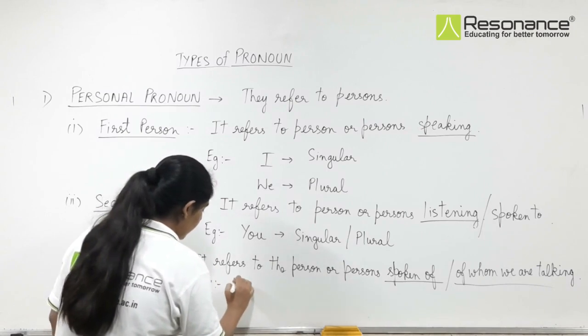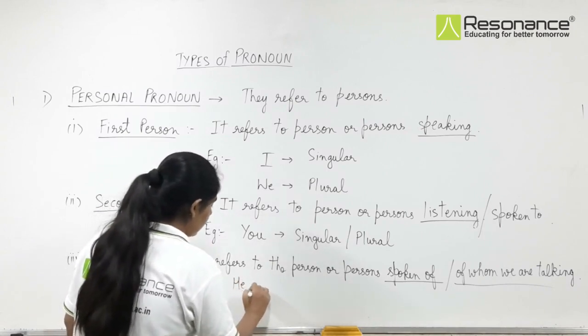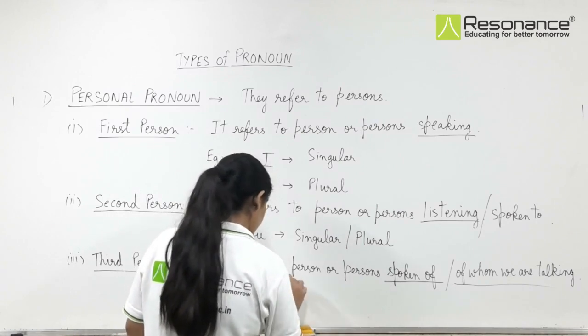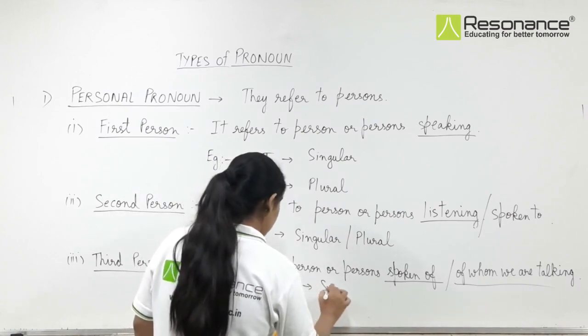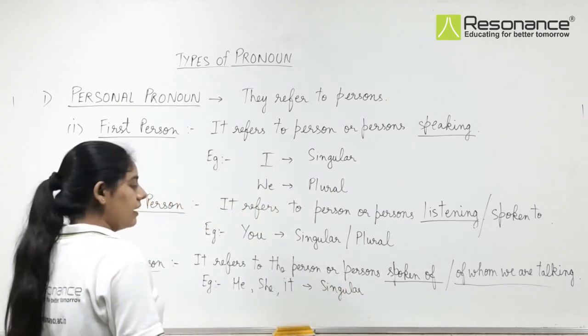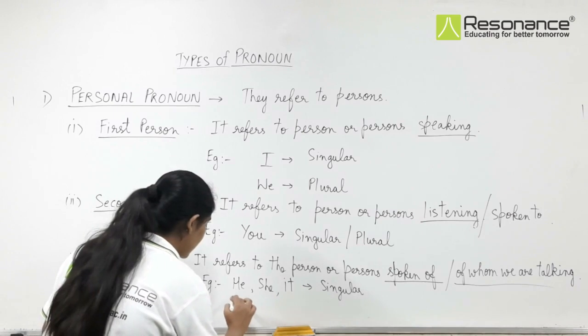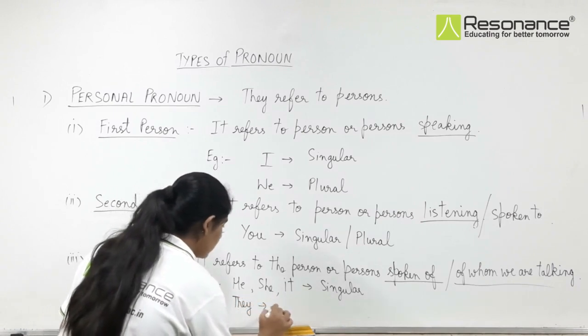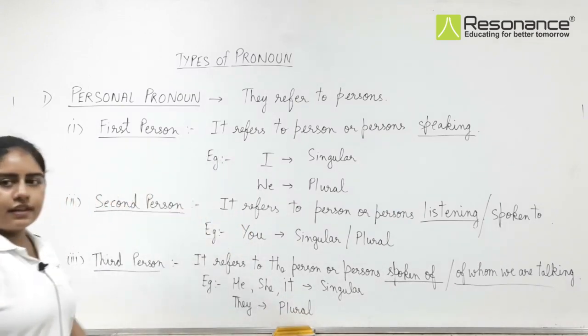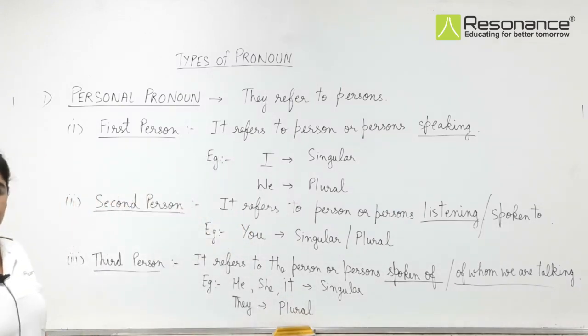He, she and it are used for singular third person. And they is used for plural third person.